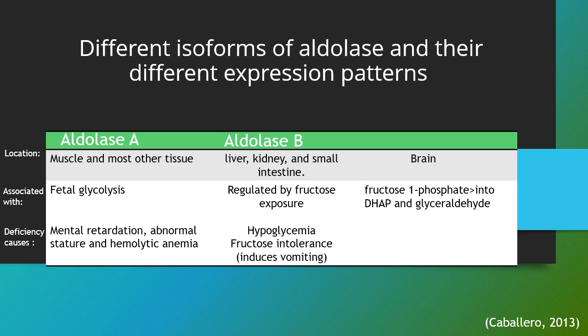It's regulated by fructose exposure, and a deficiency in it can lead to hypoglycemia and fructose intolerance, where an individual with a deficiency in aldolase B who eats any fruit sugar, fructose, will start vomiting. And then lastly, aldolase C is mostly found in the brain, and it has a special ability to also convert fructose 1-phosphate into DHAP and glyceraldehyde.